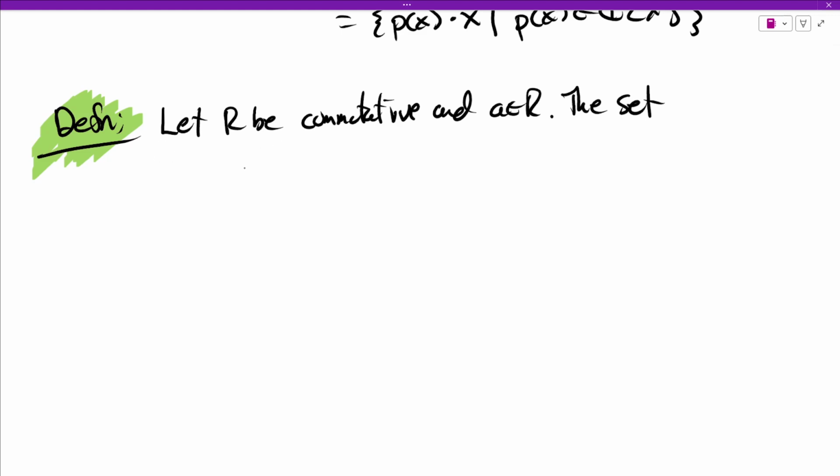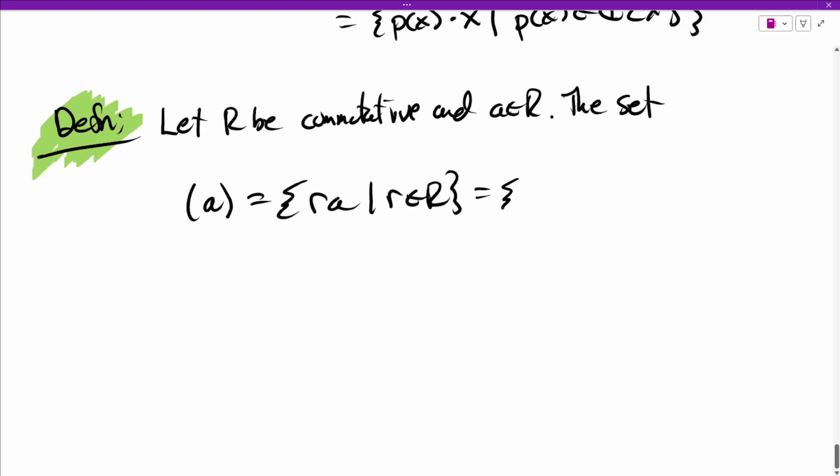Then what's our set? Well, we're going to define this (A). So this is the notation for a set, it is going to be the set of all multiples of A. And since it's commutative, it doesn't matter if we do the multiples of A on the left or on the right. It's going to be the same thing. So just note this is also the same as A times r, where r is in R. This is an ideal, and we'll prove it.